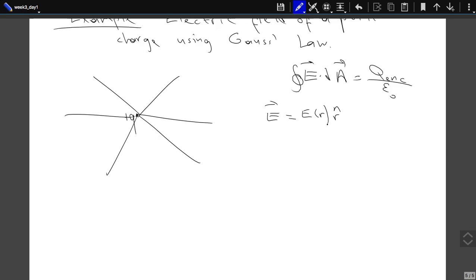I don't know yet whether the magnitude is decreasing with R or not. The only thing I know, just looking at the symmetry of the charge distribution, is that the electric field should be radial, and the magnitude should only depend on the radial distance.